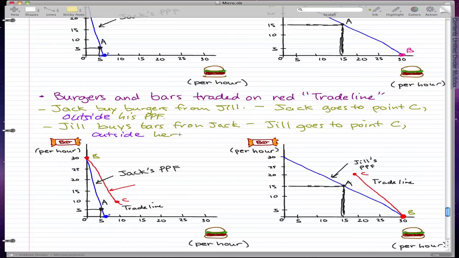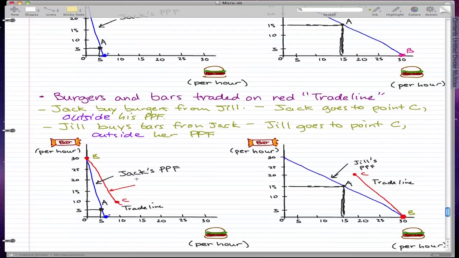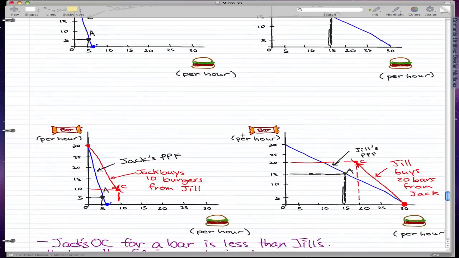Without Jack's help she could not reach this point, but with Jack's help she is able to move out of her barrier, out of her PPF, and into a point she could not reach otherwise. And this is how we pretty much get the resulting graph that we said we wanted in the beginning.